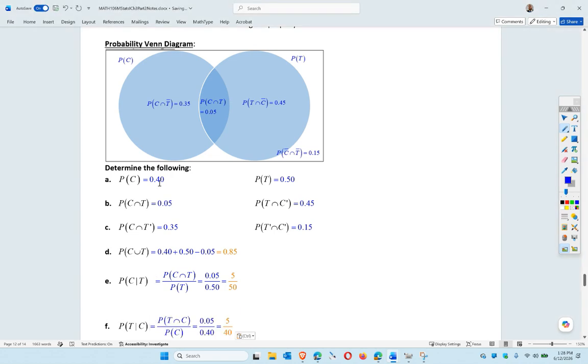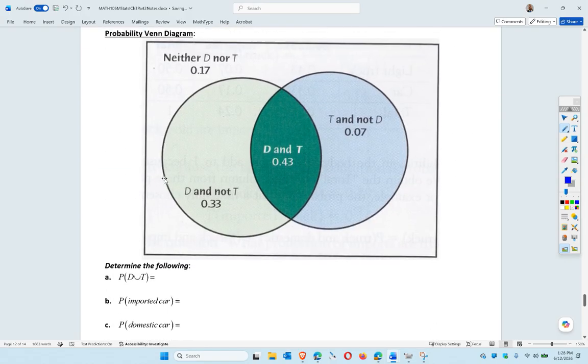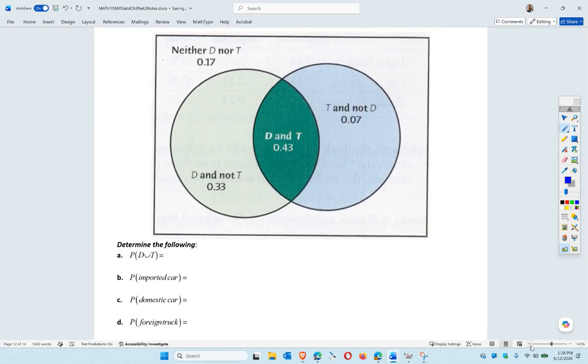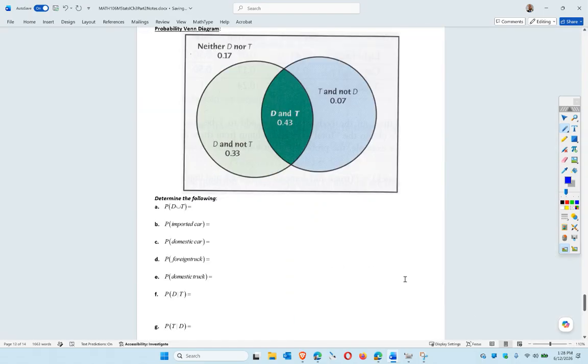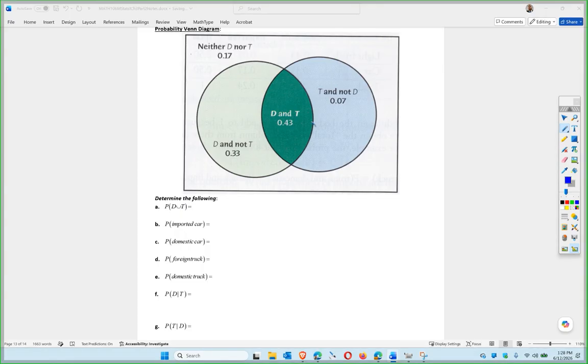Let's look at working the other way around. Let's make this smaller so we can see it. If we label the items we have here, this is the probability of D and T. The question is talking about domestic vehicles and trucks.